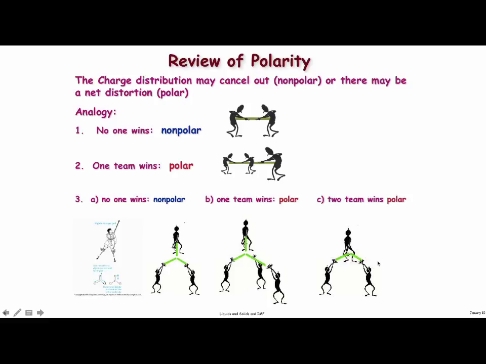Now, let's review polar versus nonpolar chemicals. Remember that atoms want to have electrons. They tend to draw electrons because of the protons. So what happens is that when 2 atoms are sharing electrons, if one atom is stronger than the other, then the electron is going to reside more strongly with the atom that has a stronger tendency to pull those electrons.